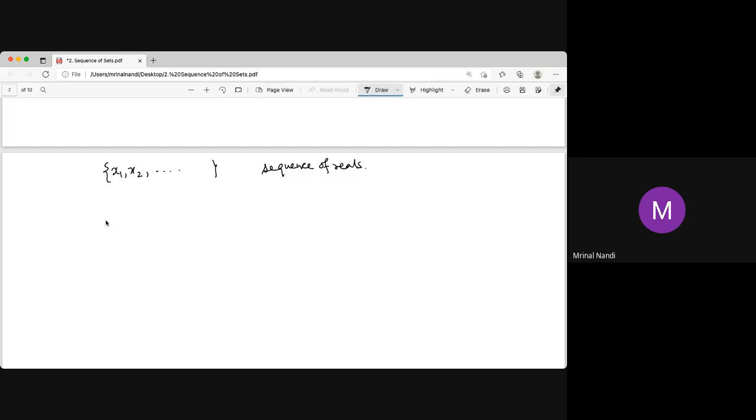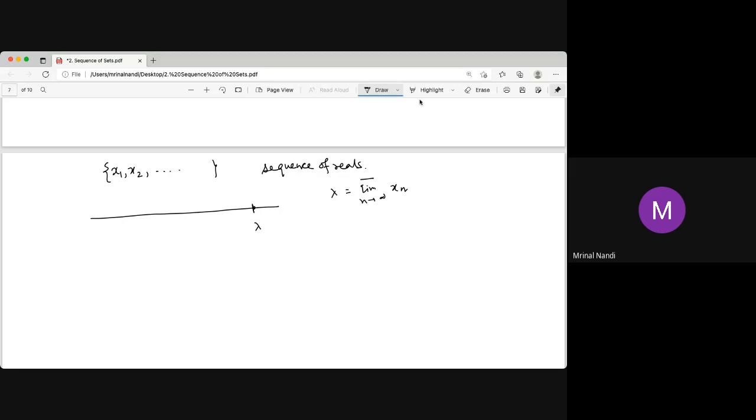Now we know for a sequence of real numbers, the lim sup is such a point. Say it is lambda. Lambda is the lim sup of this sequence, the highest limit.